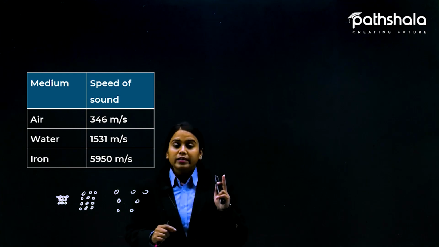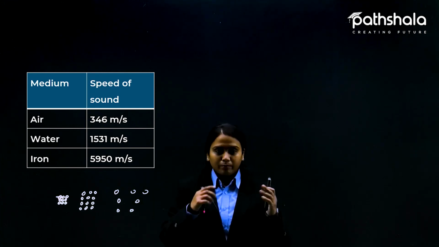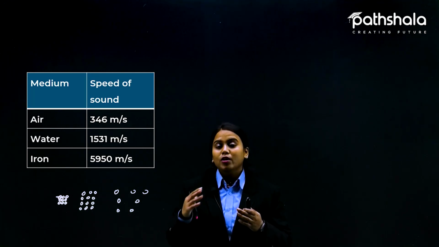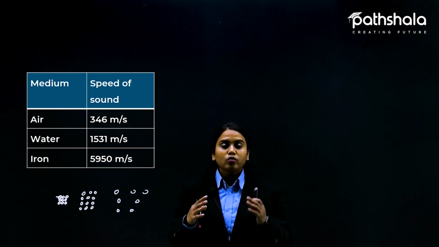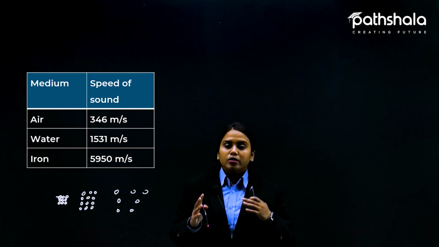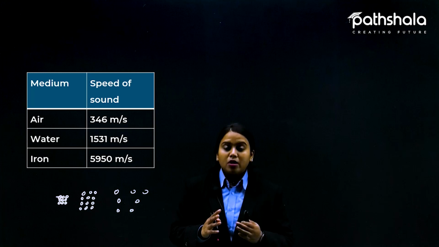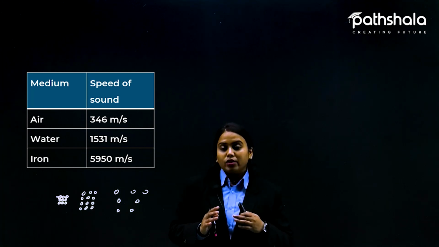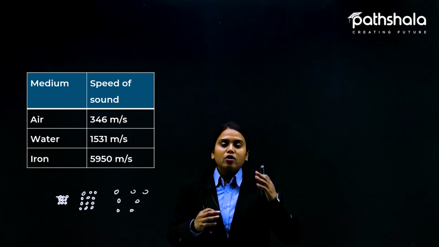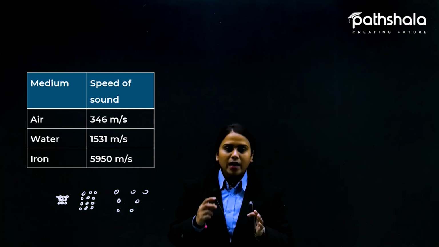Now you can guess, students, that generally we use air as the transmission of sound energy. Like when you are talking to your friend, you are using the air as a medium to talk with your friend, and whenever you start talking, immediately he or she will get your voice, right?